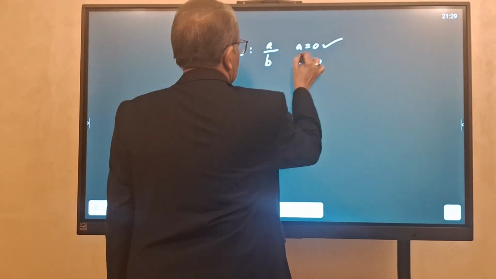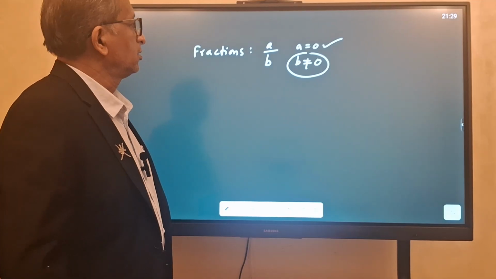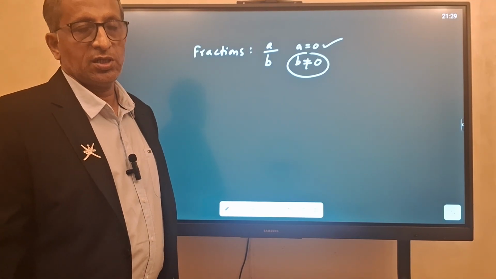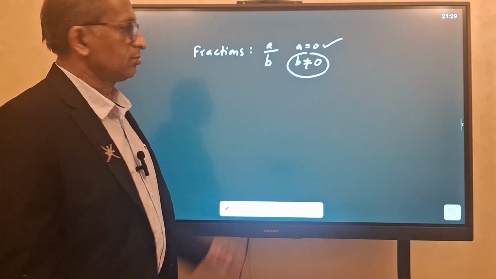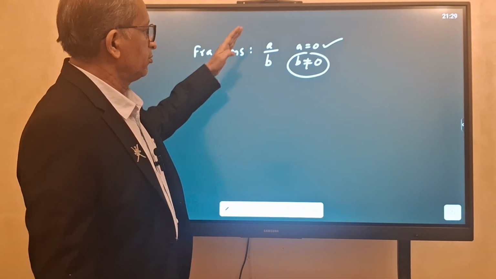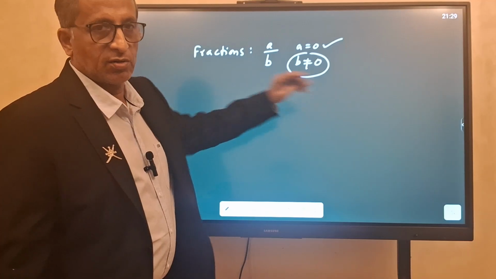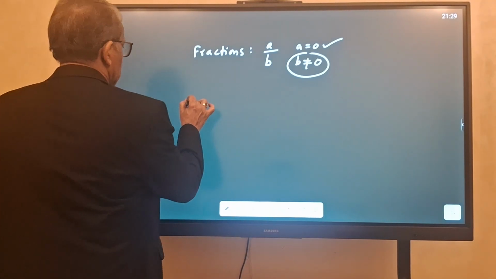So be careful that whenever you write a fraction, the denominator should not be 0, whereas the numerator can be 0, because 0 by any number is 0, but any number divided by 0 is not defined. So these are the fractions.